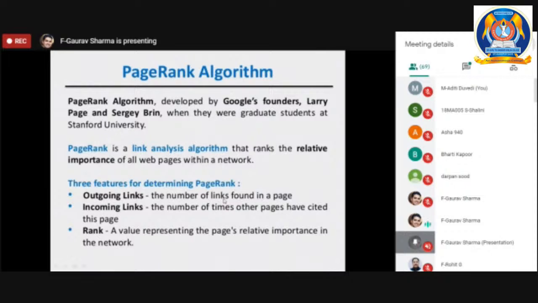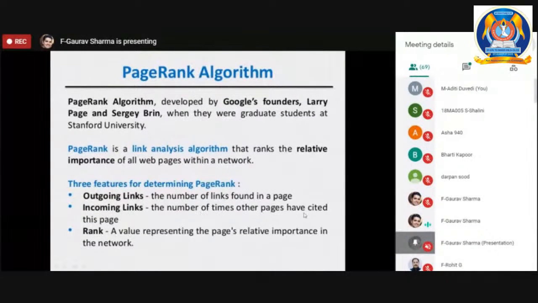Links mean that whenever you type a word, it is linked with pages. Then incoming links, the number of times other pages have cited this page. This means how many people have cited, particularly clicked that page. And the rank, this value representing the page's relative importance in the network.